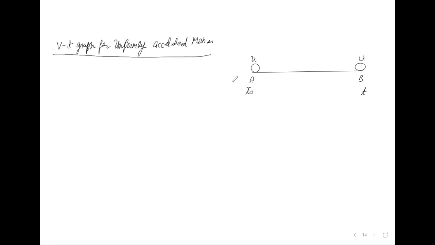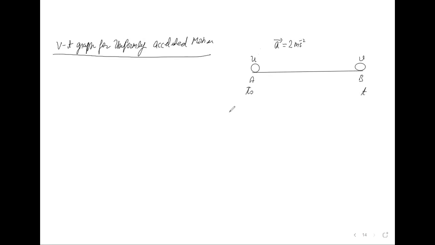This is the time interval. Now, there is an acceleration, and this acceleration is fixed. This acceleration is constant. Suppose that the acceleration is 2 meter per second square. It means the velocity of the object increases 2 meter every second.